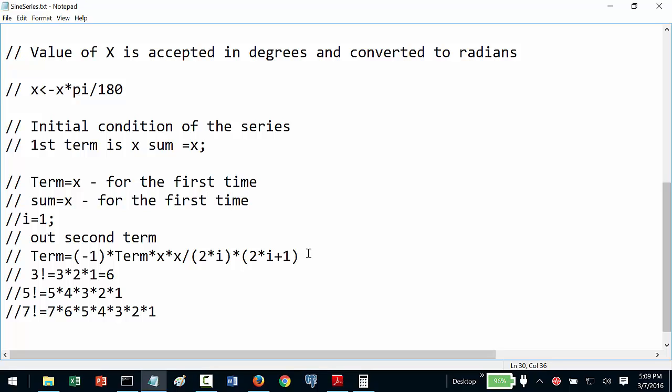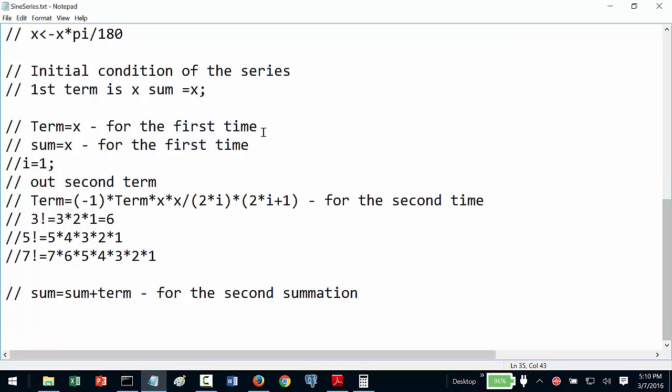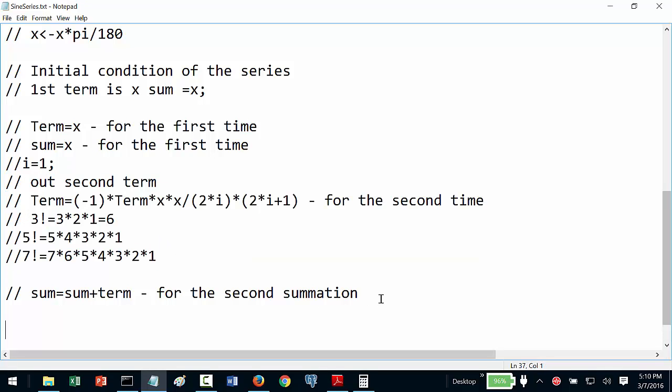Then I will calculate my term for the second time, a new term, and then I will add this to my previous sum, so my new sum will be the previous sum plus the term. This is for the second summation. Alright, now let us do it for the third term.